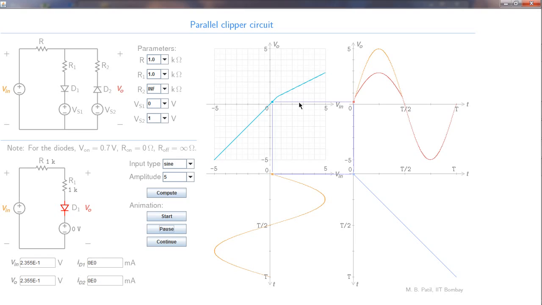Will these slopes change? This slope of course does not depend on any resistance values. It simply represents VO equal to VI. What about this slope? This slope is given by R1 by R plus R1, and since we are not changing the resistance values, that slope would also remain the same. So let us see if that happens.